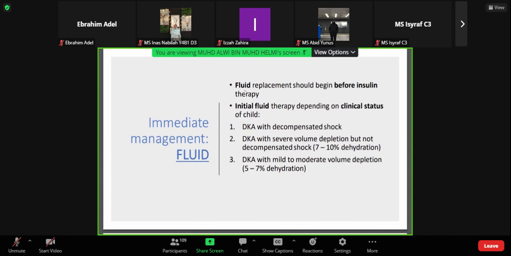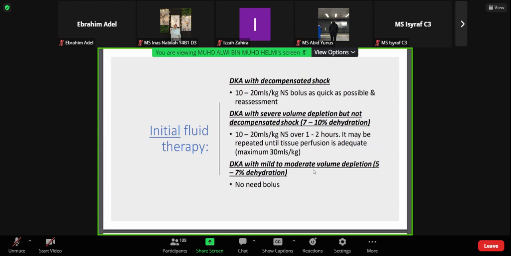Okay, so start your fluid depending on the status of dehydration. If severe volume depletion, just go 7 to 10%. Don't go beyond 10%, except in compensated shock. In compensated shock, give boluses and then continue with managing dehydration.